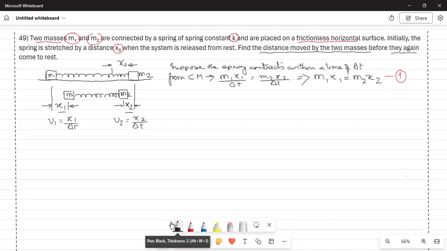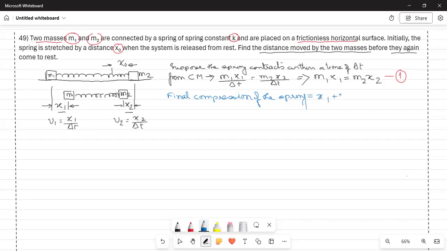Now, what is the final compression of the spring? The spring is compressed by x1, also it is compressed by x2, and it was already stretched by x0.